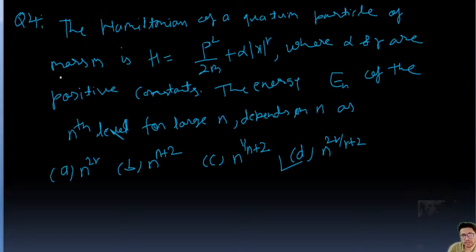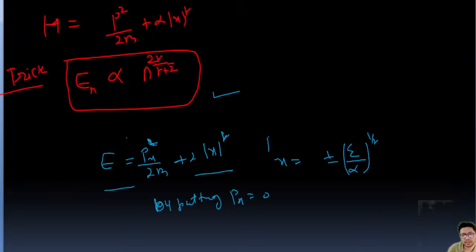Then the next thing we are going to do: there is a formula for this, that is the integration of p_x dx equals nh, for this case of a Hamiltonian for a particle of mass m. This we know.